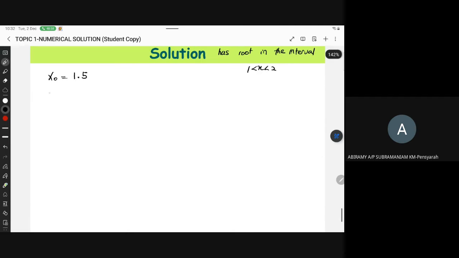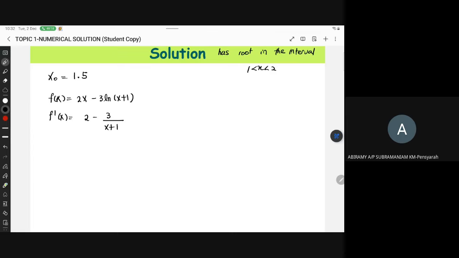Next, for Newton-Raphson, we need to find f prime. We write down f(x) first: 2x minus 3 ln x plus 1. Next, f prime is 2 minus 3 over x plus 1.